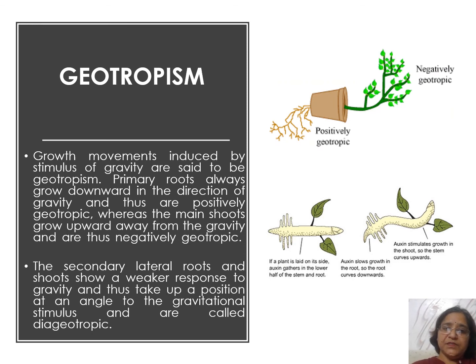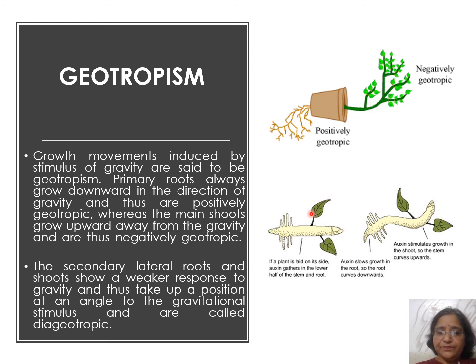This is geotropism. Growth movements induced by the stimulus of gravity. Primary roots always grow downward, in the direction of gravity, and thus are positively geotropic, whereas the stem shows the negative geotropic effect.